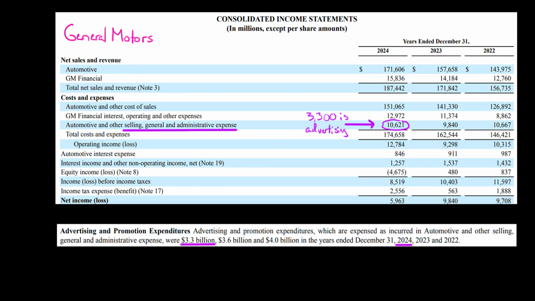So you go to the notes, and it says advertising expenditures expensed in automotive and other SG&A expense. So this line item right here is where the advertising is, and they tell you $3.3 billion for 2024. So of this amount, $10.621 billion for 2024 for General Motors, $3.3 billion was advertising expense.